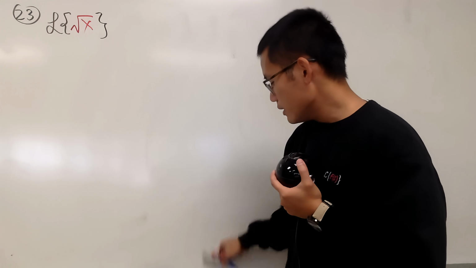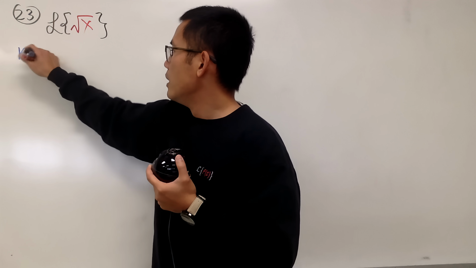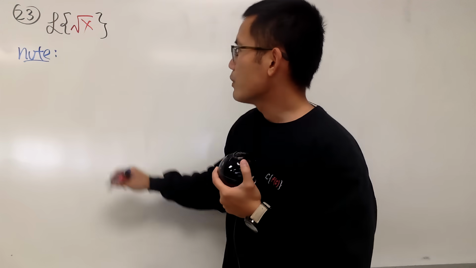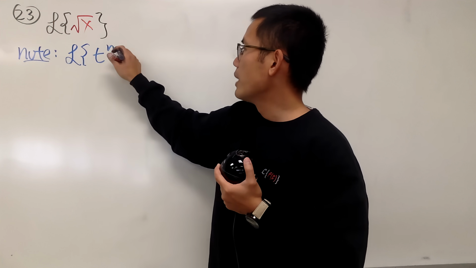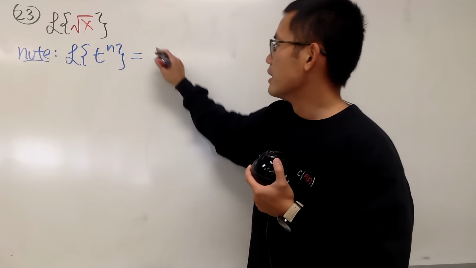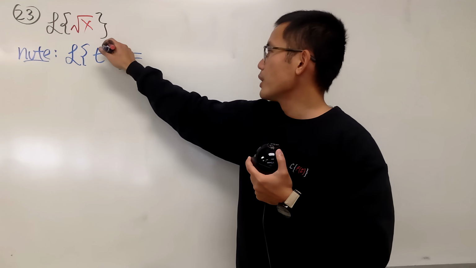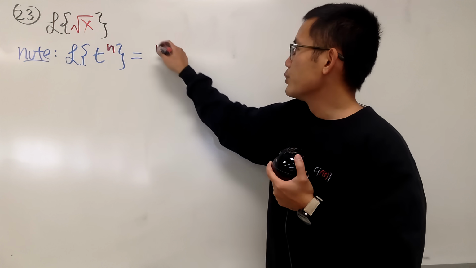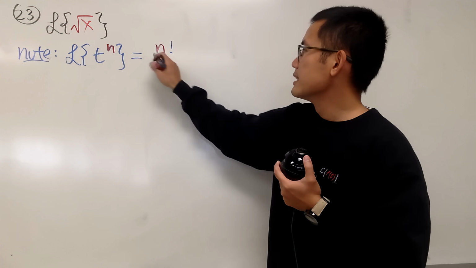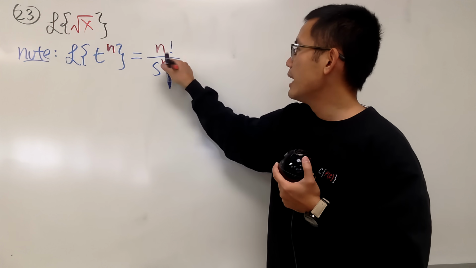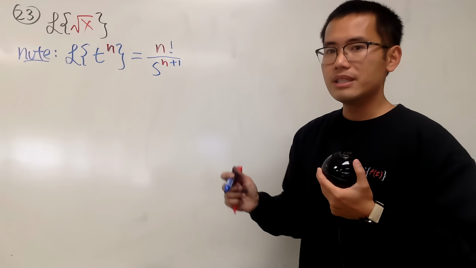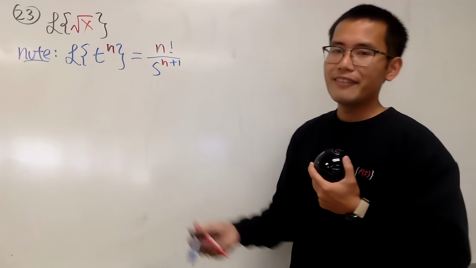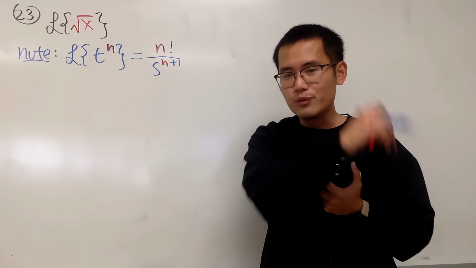So, know the following. Remember, we know that the Laplace transform of t to some power n is equal to, well, pay attention to what the n is, n factorial divided by s to the n plus 1 power, like this. And the truth is, this right here doesn't have to be just 0, 1, 2, 3, 4, and so on.